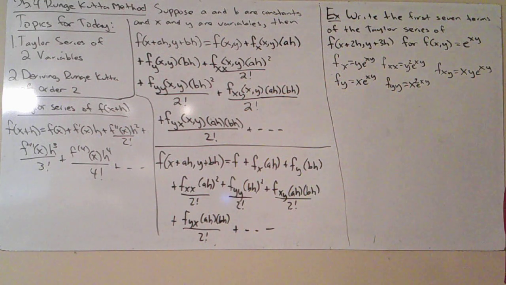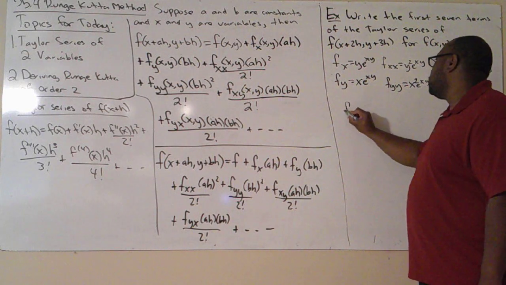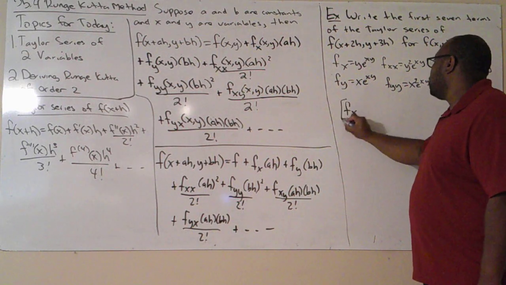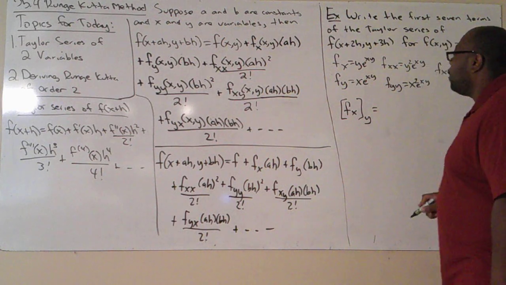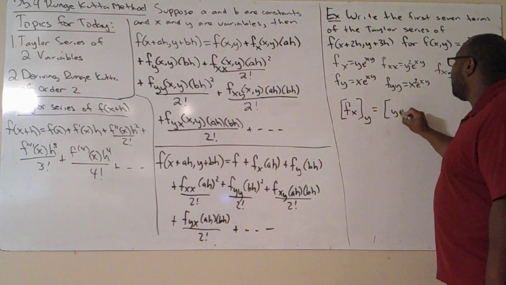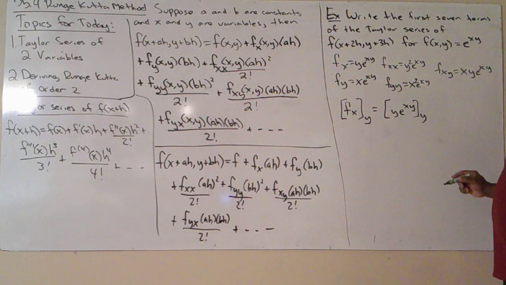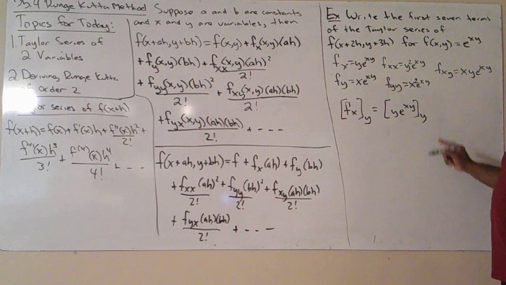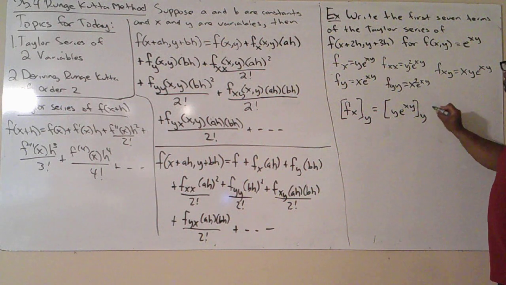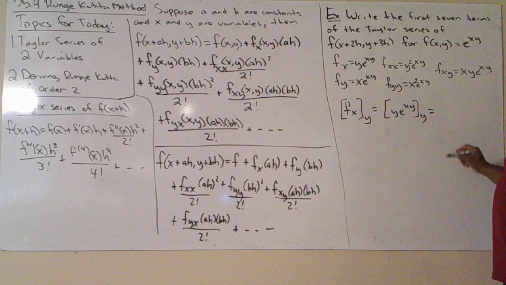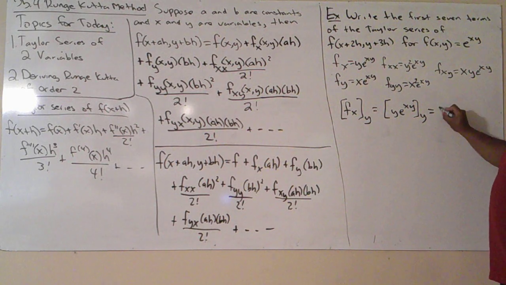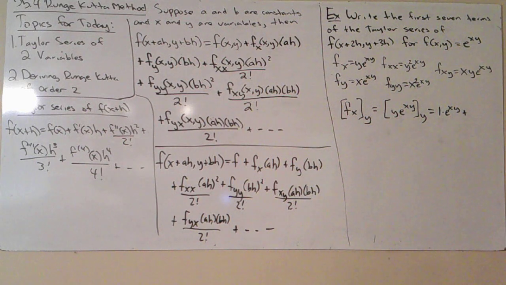And let's make sure that's correct. Make sure we did that right. Doing this on the camera here. So we have y e to the xy, and then the derivative with respect to y. What do we have here when we do this? The derivative of the first is going to be 1 times e to the xy, plus the derivative of the second with respect to y is going to be xy e to the xy.